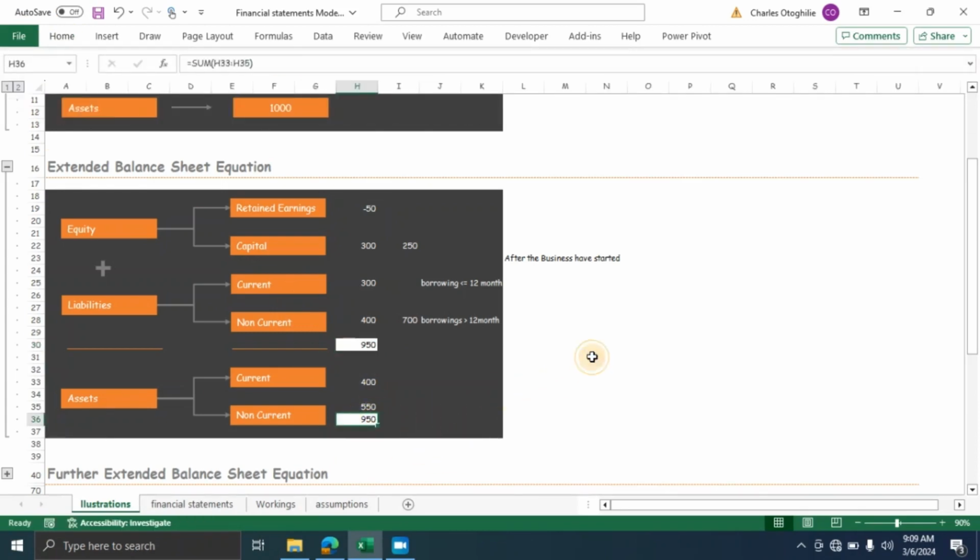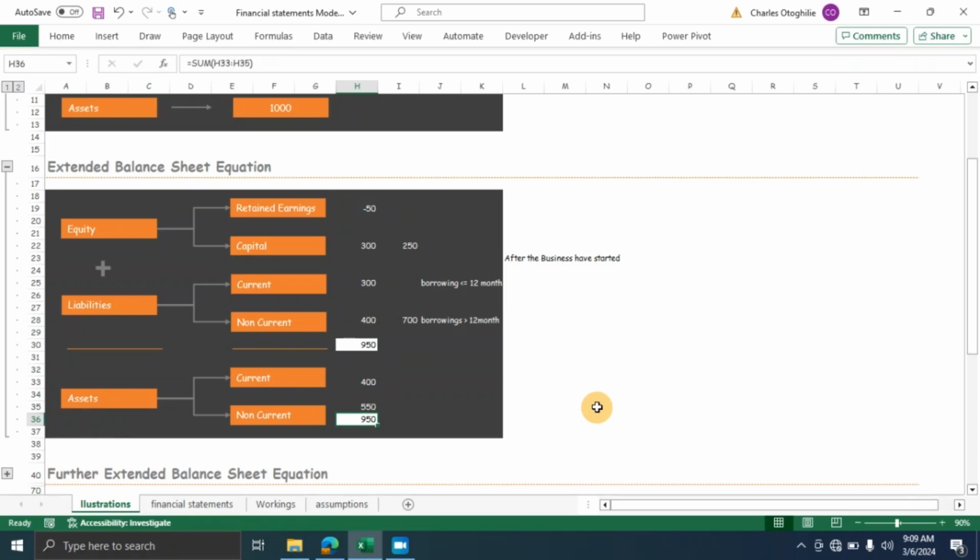Okay, all right. So what I'm trying to help you see is that whatever the total is from equity and liability, we are using it to finance the assets. It will be sitting in current assets, or some of it will be sitting in non-current assets.